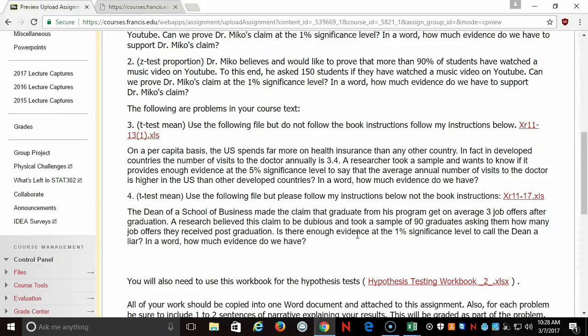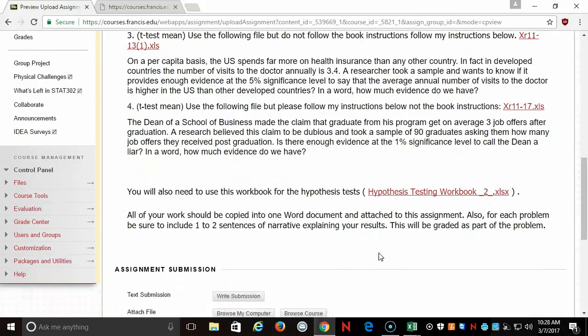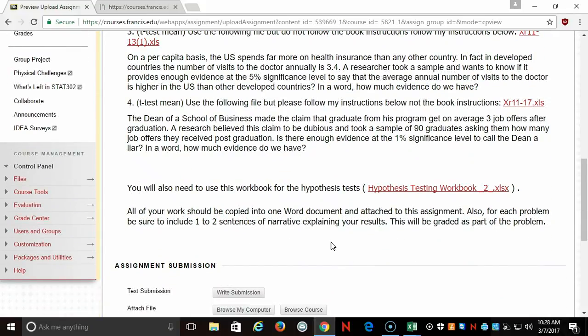So the data files are here. The hypothesis testing workbook is linked here. That's the workbook you need to use. And all of your work should be copied into one Word document and uploaded to this assignment. So you're not going to print these out. That's a little bit different. You're going to upload it to this assignment, okay? And it's worth 20 points.